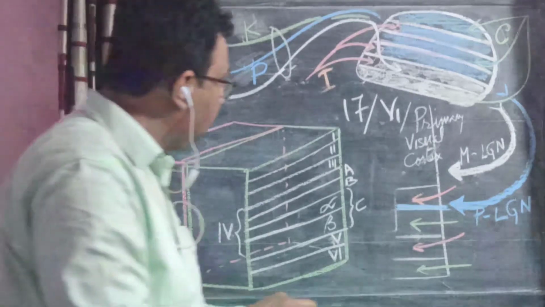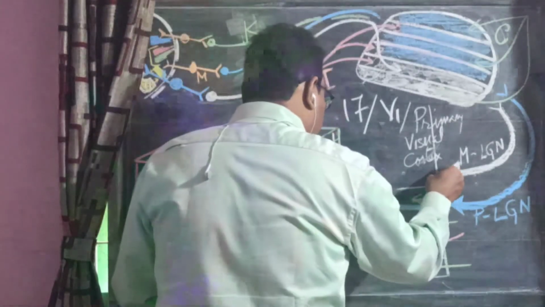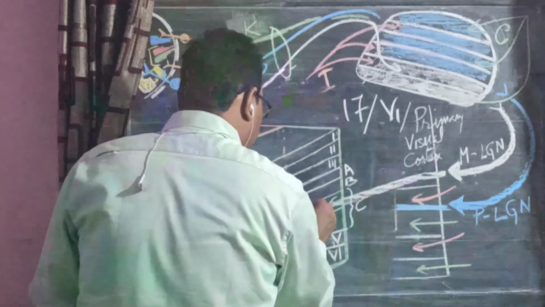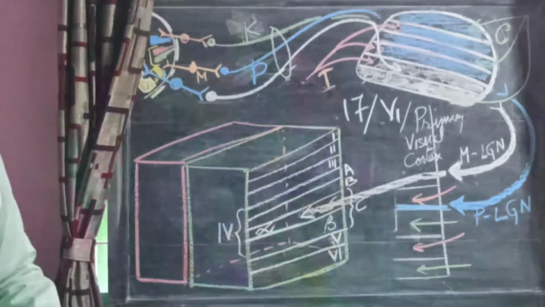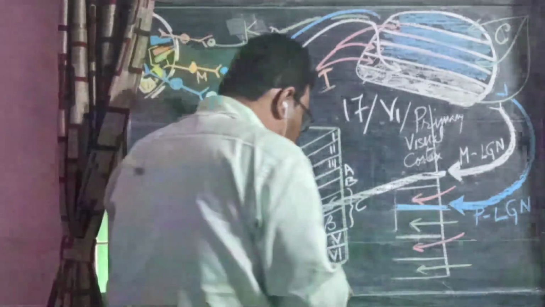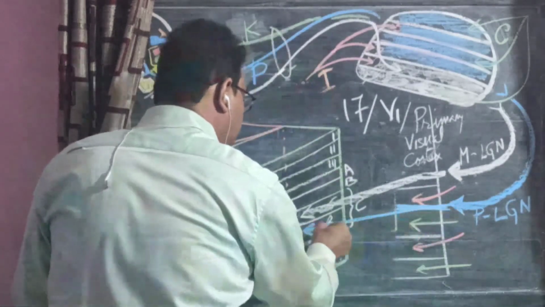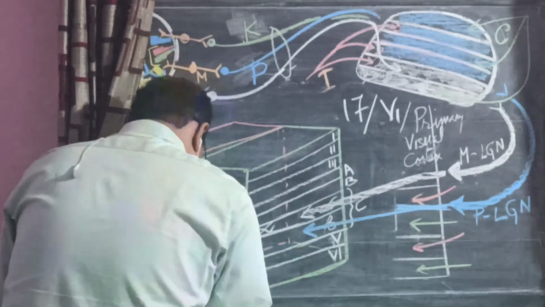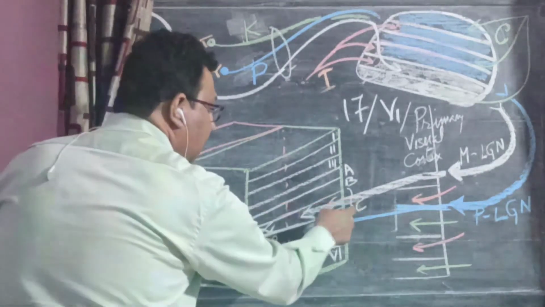Because it has been seen that the magnocellular pathway enters this layer, 4C alpha, and the parvocellular pathway enters this layer, 4C beta.